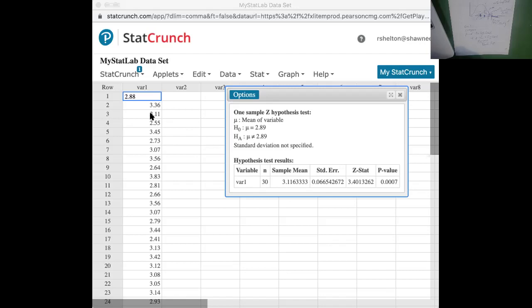So the alternative is that the population mean mu is greater than 0. The null hypothesis here is that mu is equal to 0.